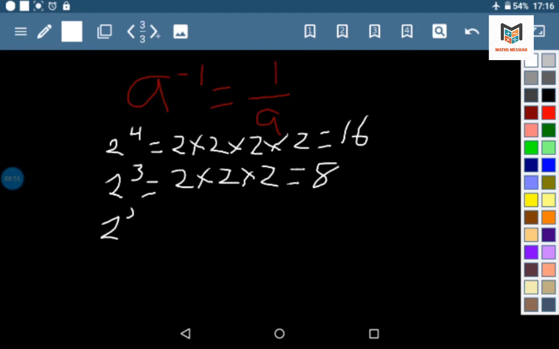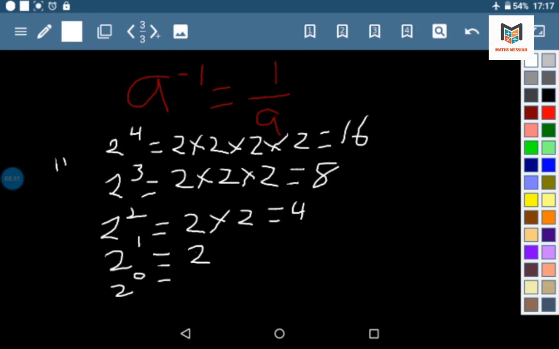We have 2 raised to the power 2. And that one will be 2 by 2, and it will give us 4. We have 2 raised to the power 1. That one will give us 2.